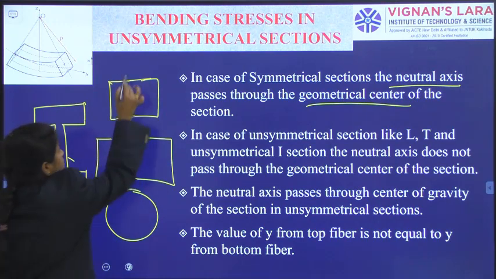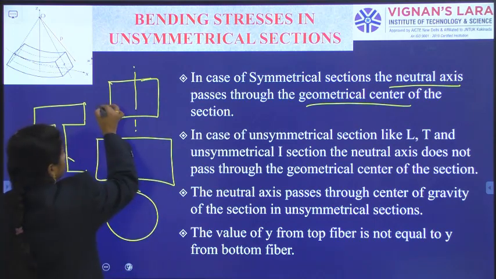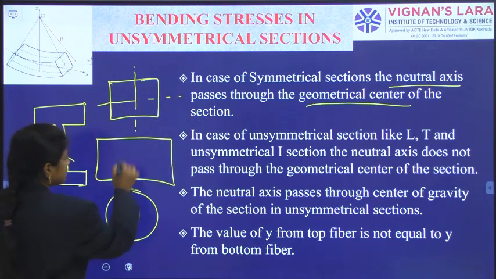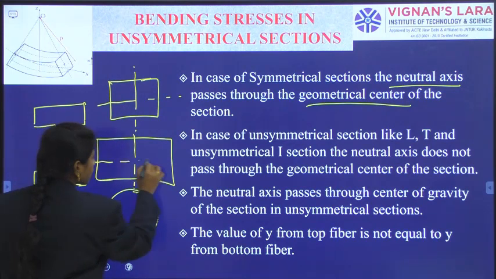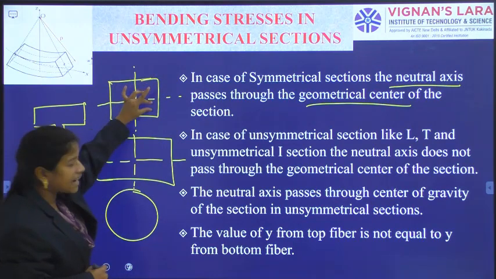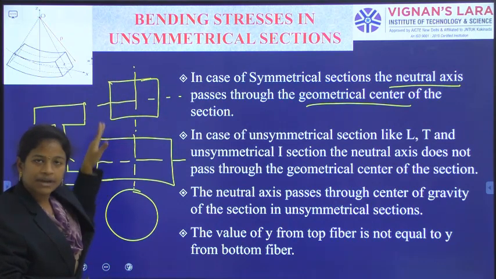Left and right are symmetrical, and the top portion and bottom portion are symmetrical. Simply, total height by 2, total length by 2, so those segments are symmetrical.